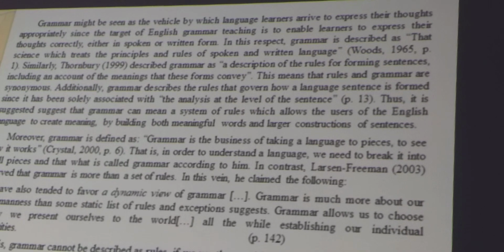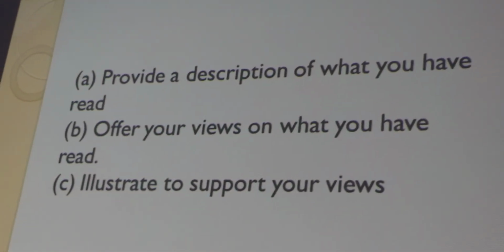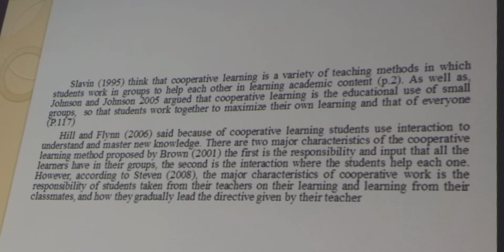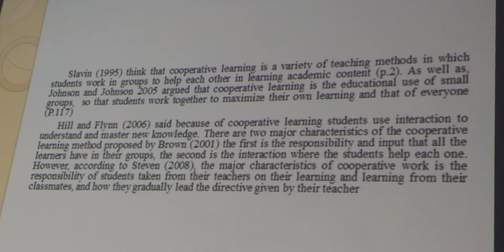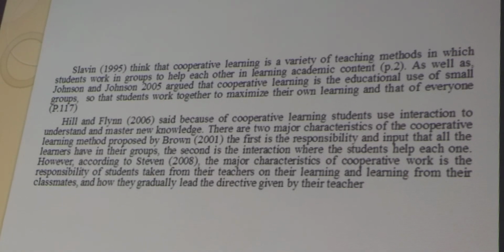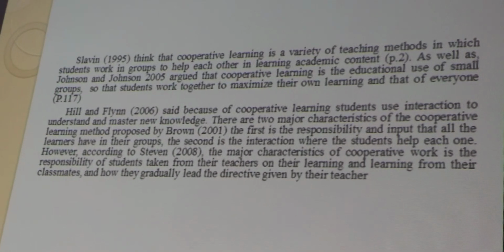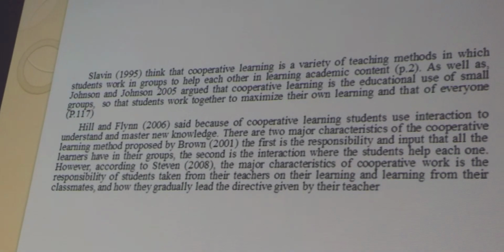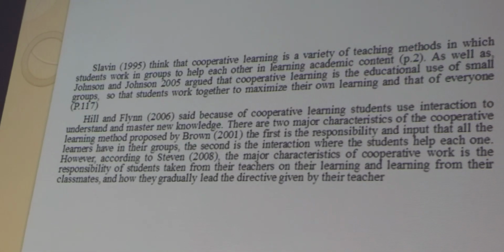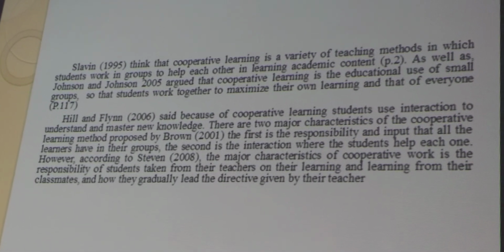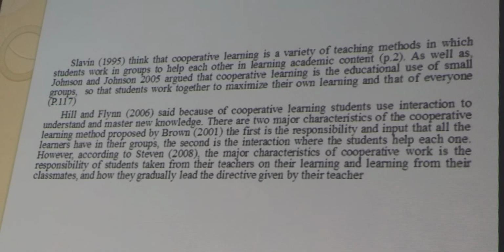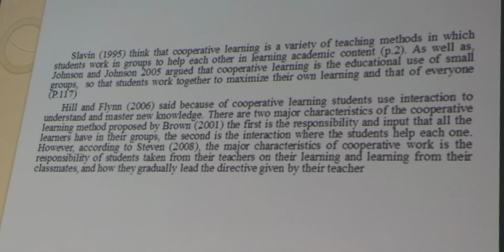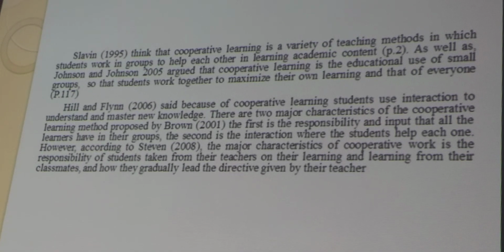And let us check this sample. So I think that cooperative learning is a variety of teaching methods in which students work in groups to help each other in learning academic content. As well as Johnson and Johnson 2005 argued that cooperative learning is the educational use of small groups, so that students work together to maximize their own learning and that of everyone.